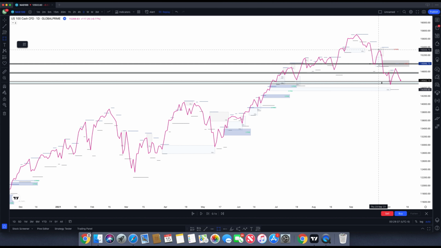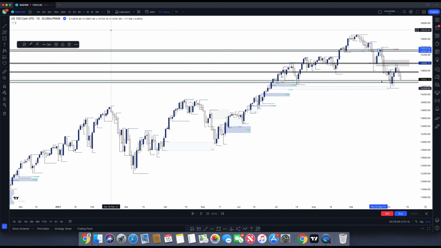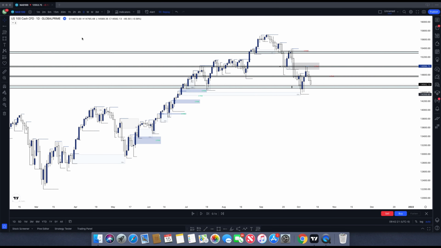I would draw a supply order block here. And then I'll just keep it as simple as that. So now from here, I'm going to go back to the candlesticks.